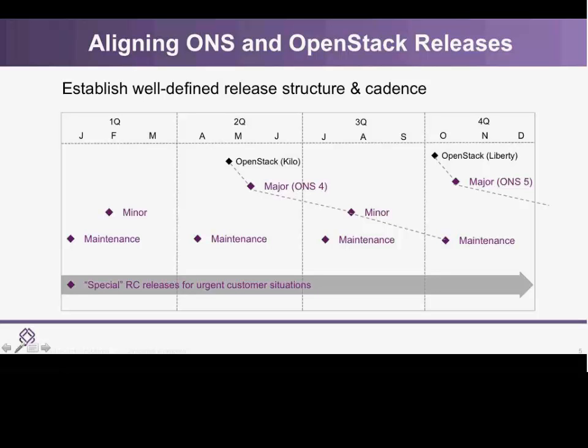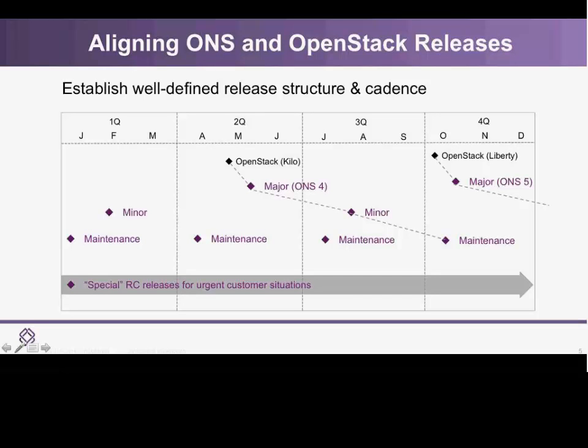Asmir, to you. Thanks, Valentina. So hopefully I can summarize here our new strategy around the product. At a high level, we want to align our Open Networking Suite release schedule to that of OpenStack. OpenStack releases twice a year. There's a release that comes out in Q2, roughly around late April or early May. And then another release that comes out in Q4 around late October, early November.